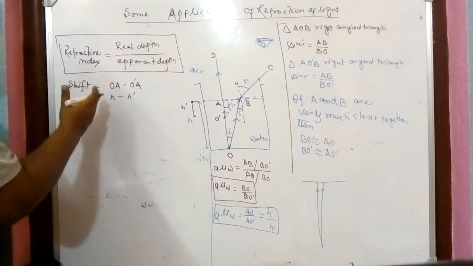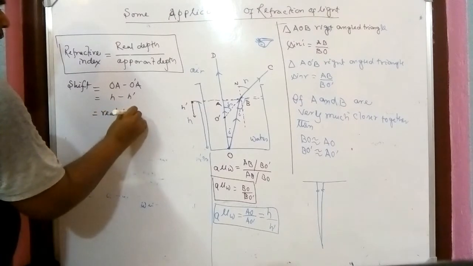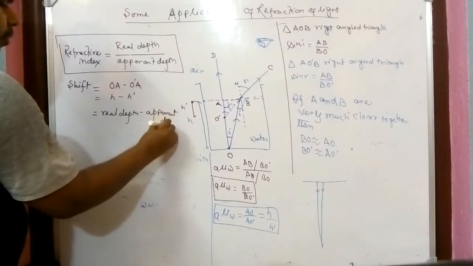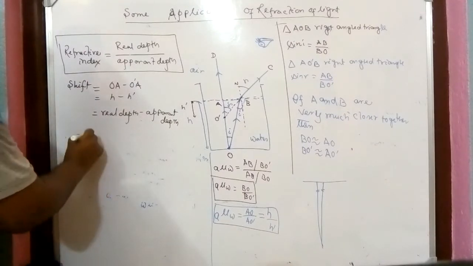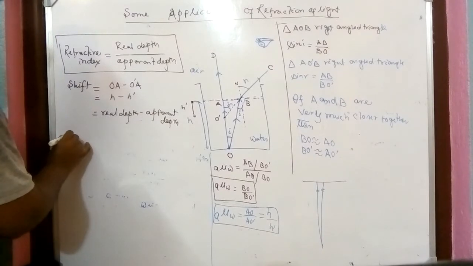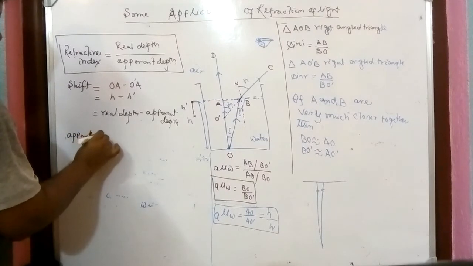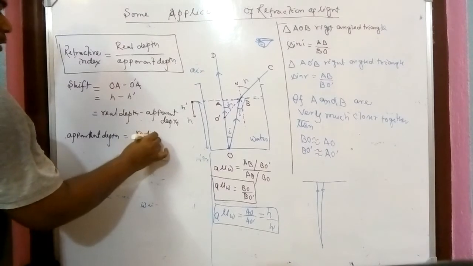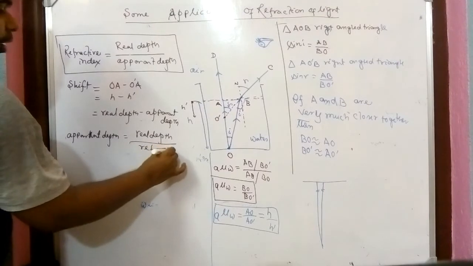Okay, so H equals real depth minus apparent depth. From this equation, we can write one thing, that is apparent depth. From this equation we are writing that apparent depth is equal to real depth by refractive index.